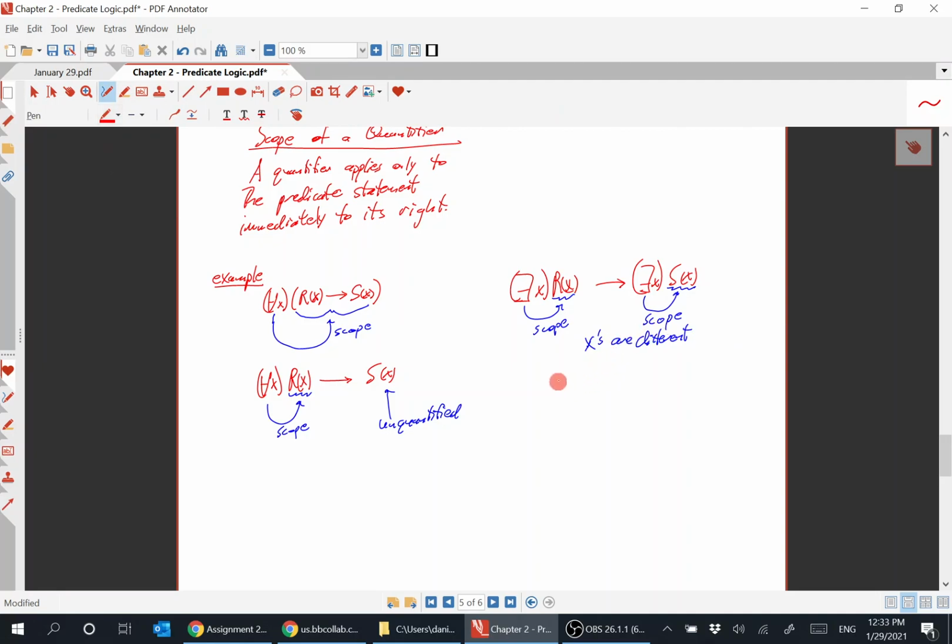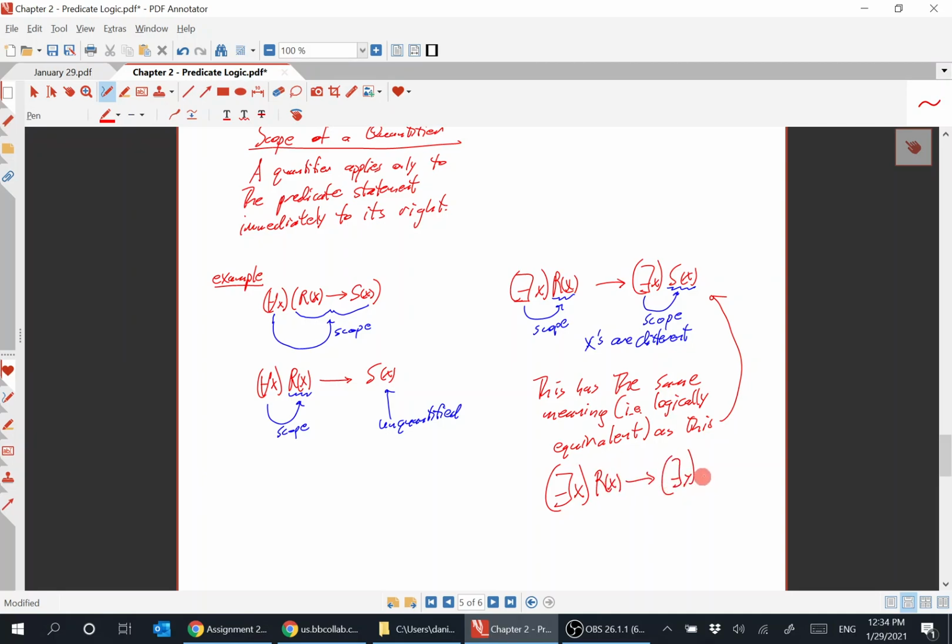And so these x's are different, and this is the same meaning, i.e., logically equivalent, as this. So if you were to write there exists x, Rx implies there exists y, Sy, you could write that if you want, using a different name for the variable.